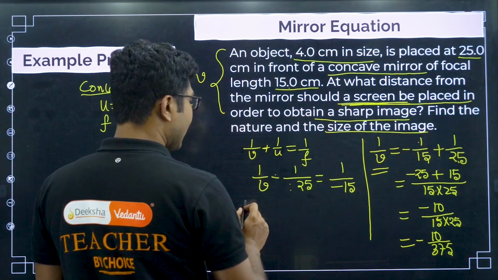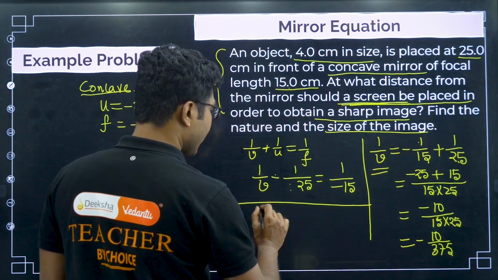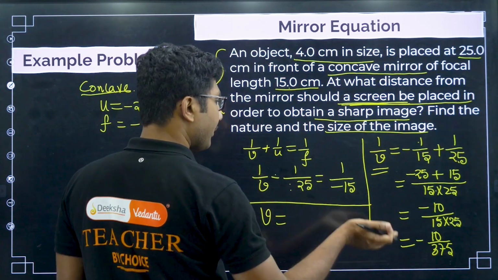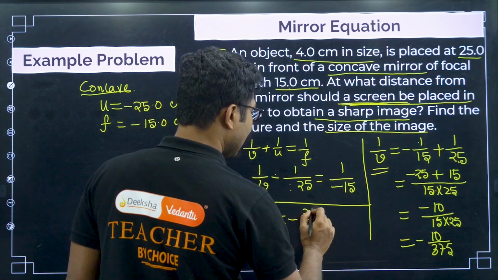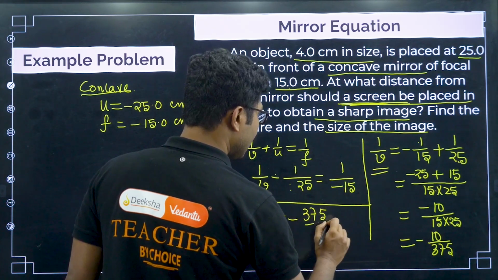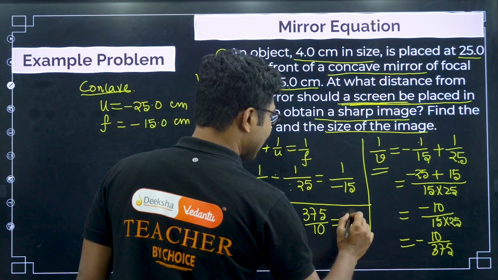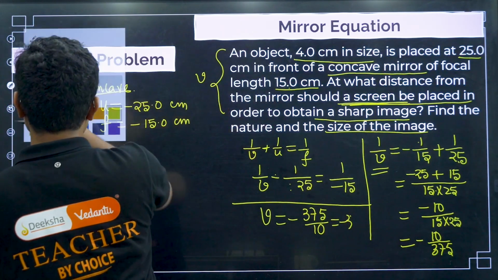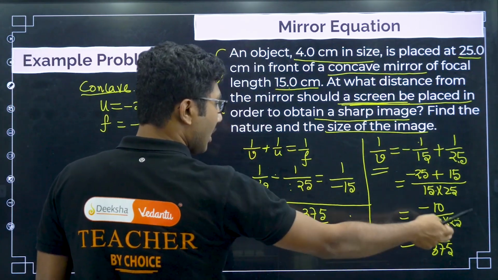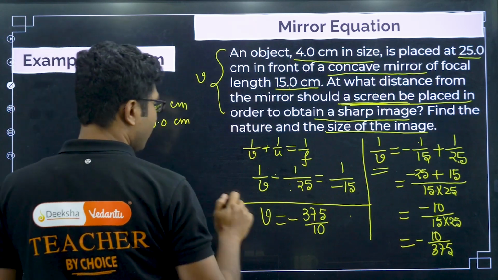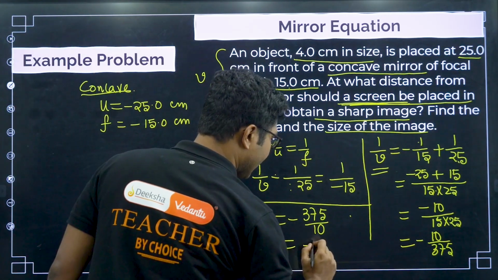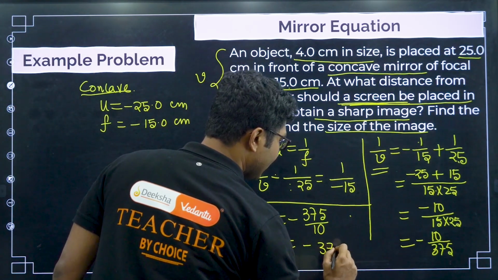Eventually what we are trying to find is V. So V will be the reciprocal, minus 375 by 10, that is minus 37.5. That's why we have not cancelled the 5 from the denominator, because it is easier for us to calculate. If there is a 10, we can simply use the decimal.